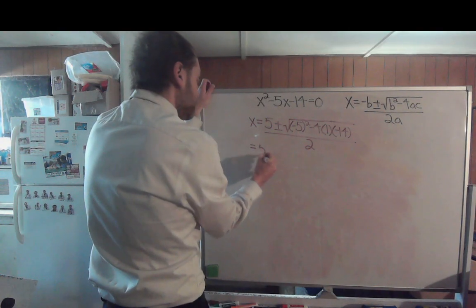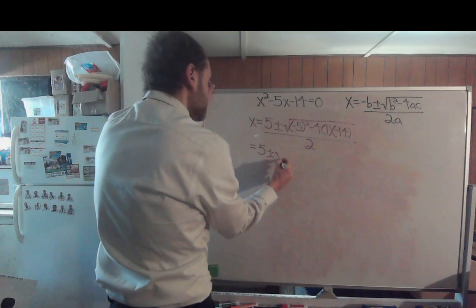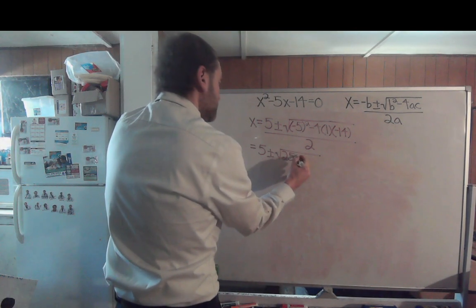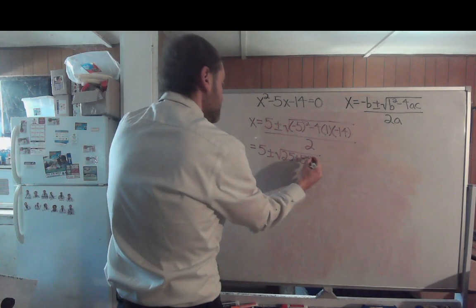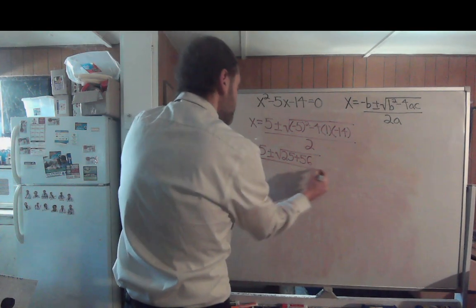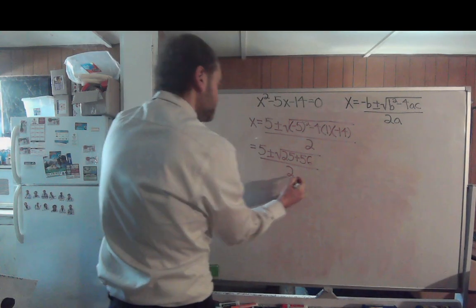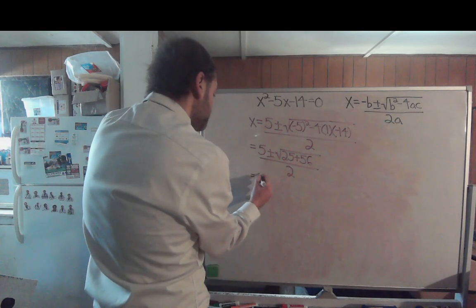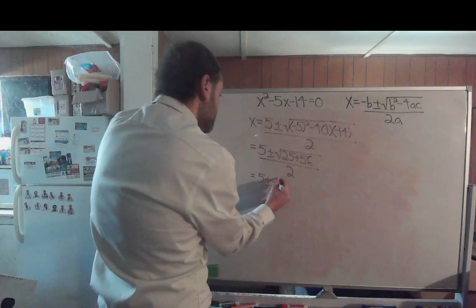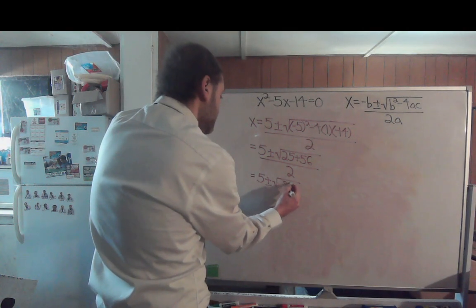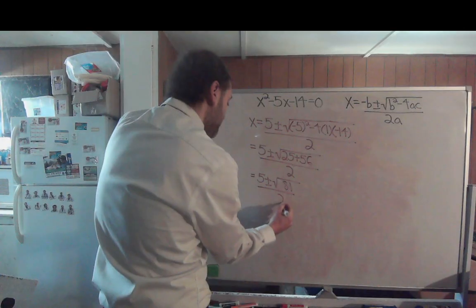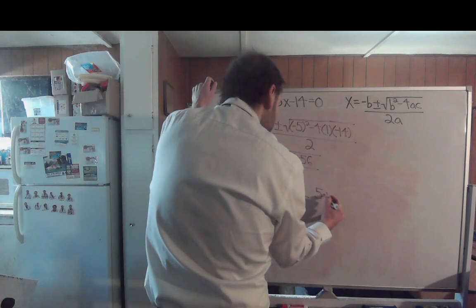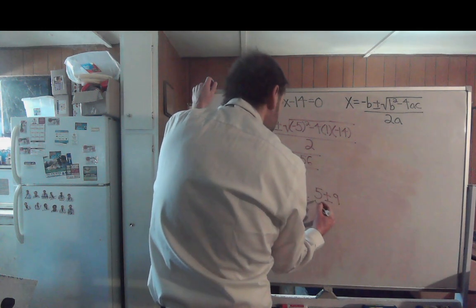So that's going to equal 5 plus and minus the square root of 25 plus 56 all over 2, which would equal 5 plus and minus the square root of 81 all over 2, which would equal 5 plus and minus 9 all over 2.